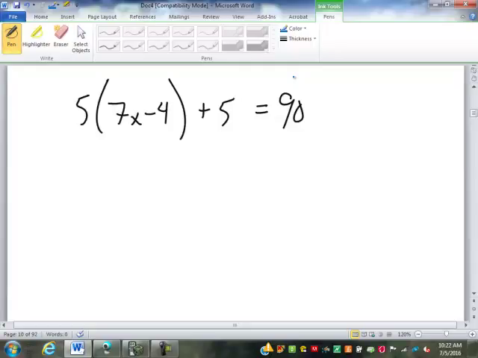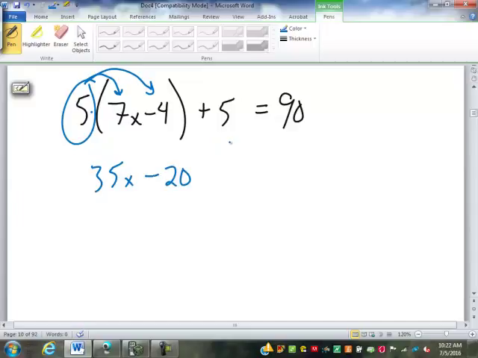No. Is there anything to do to the parentheses? Yeah, times 5. So 5 times 7x is 35x. 5 times negative 4 is negative 20.